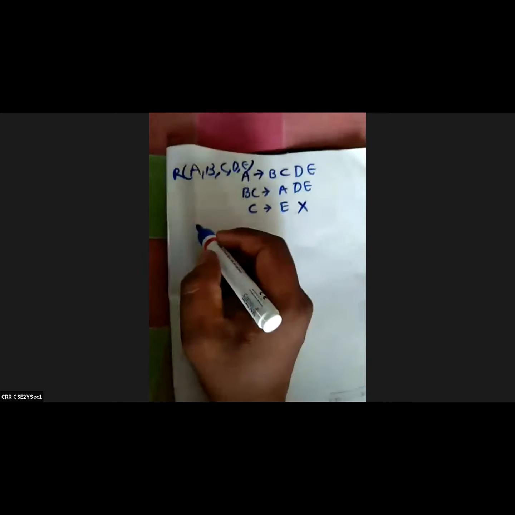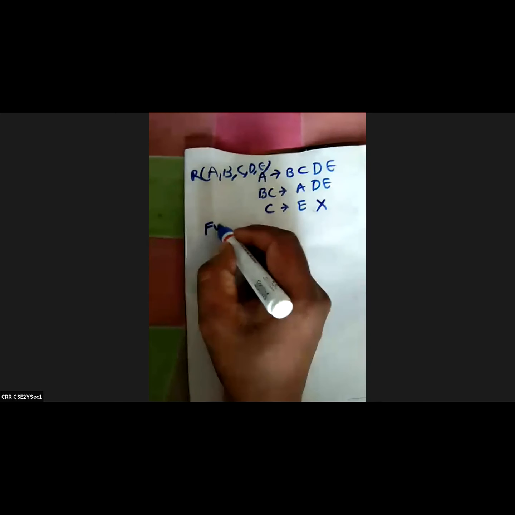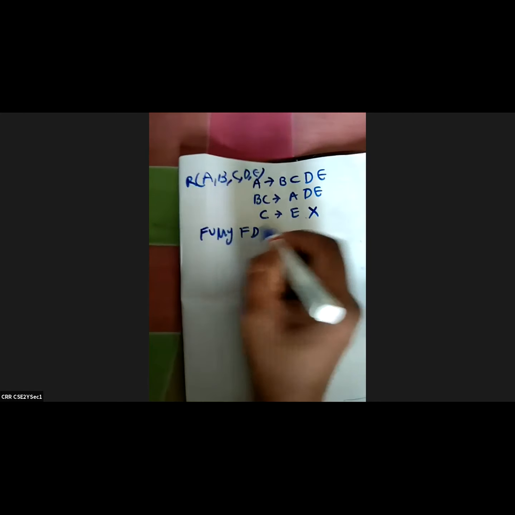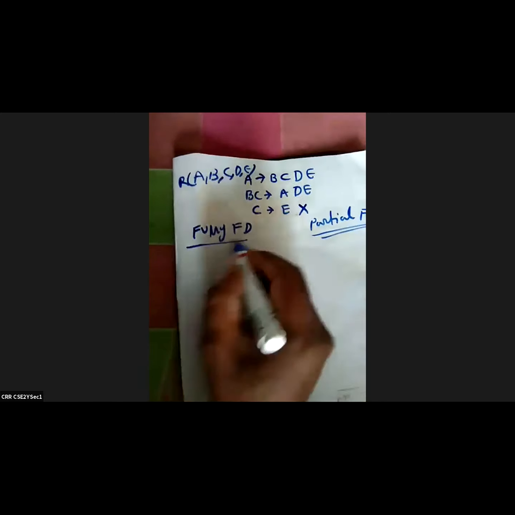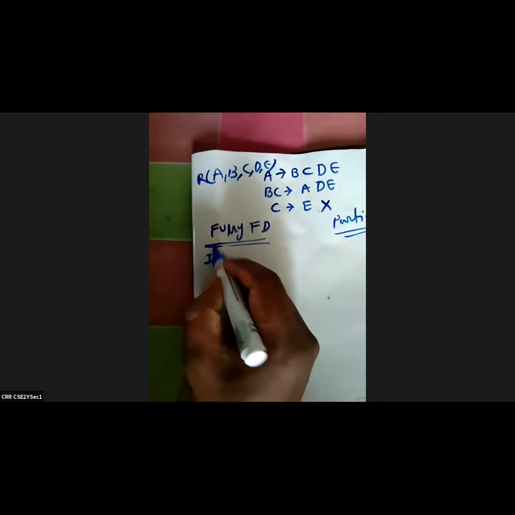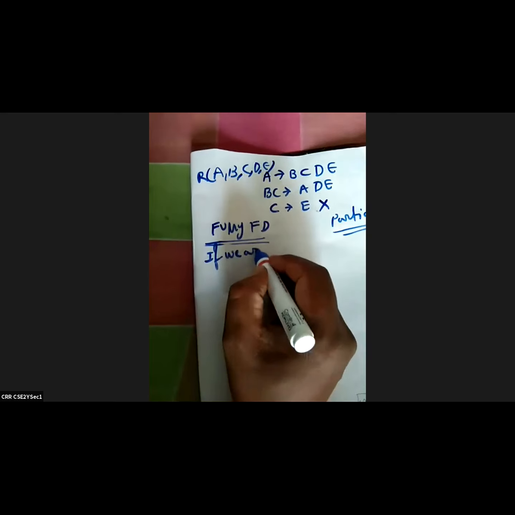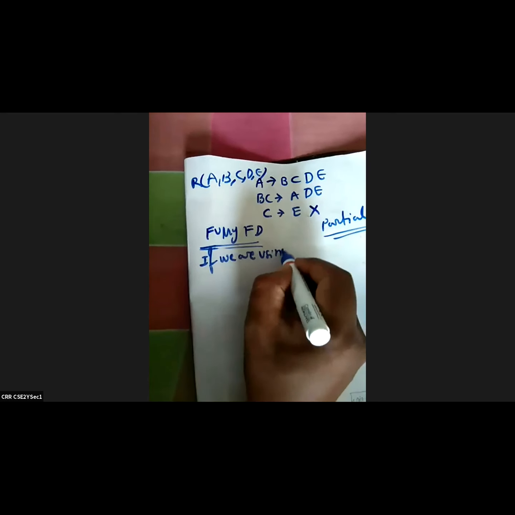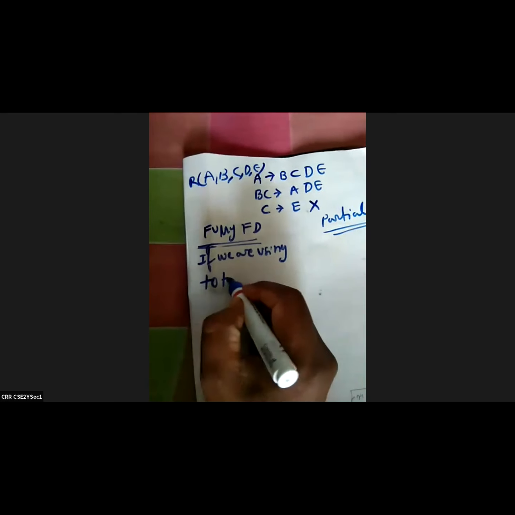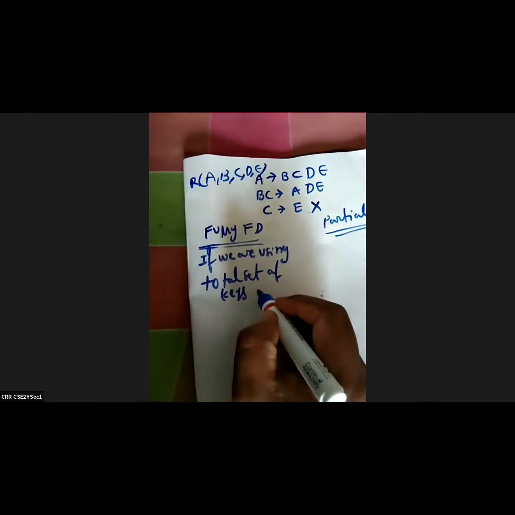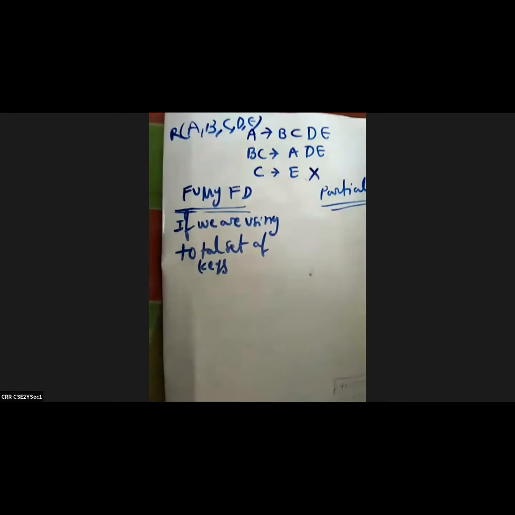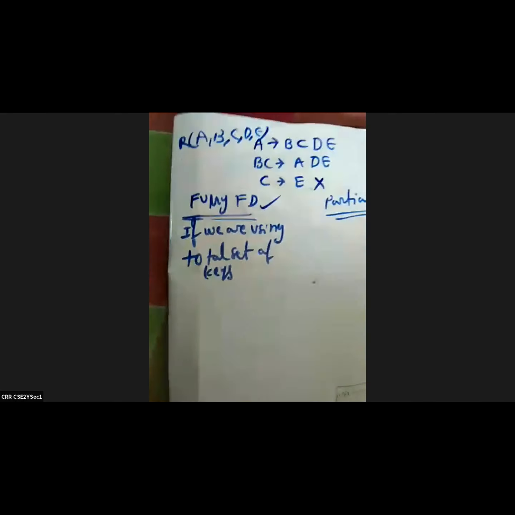Now here the problem occurs. We consider fully functional dependency, and another one is partial functional dependency. What is the meaning of each? If we are using the total set of keys to find out the data, that is nothing but fully functional dependency.